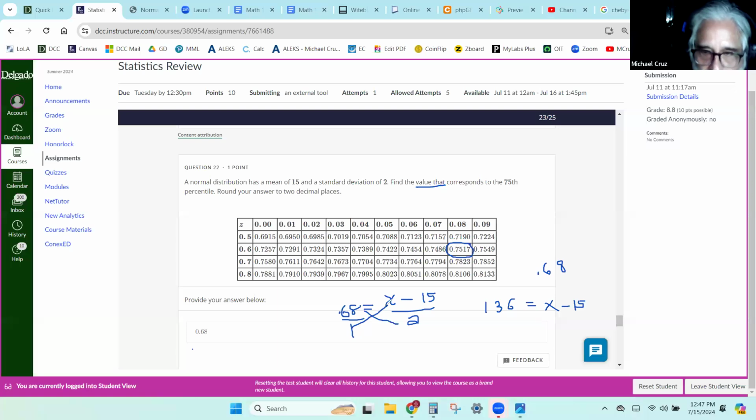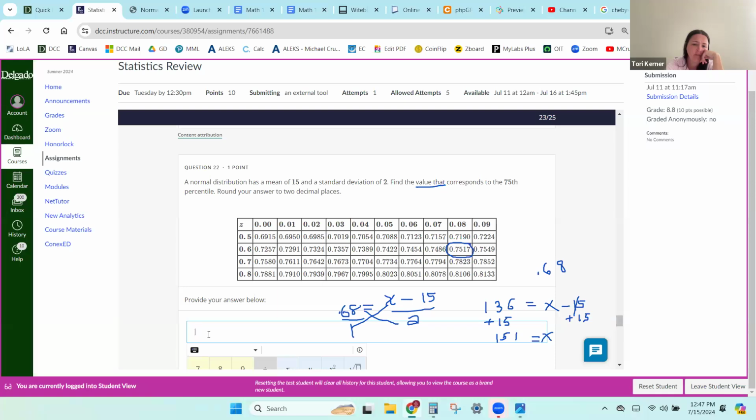And you're multiplying that, 1 times x minus 15 is still just 1. So then we're going to add 15. So these are going to be gone. So 151. How does that sound?